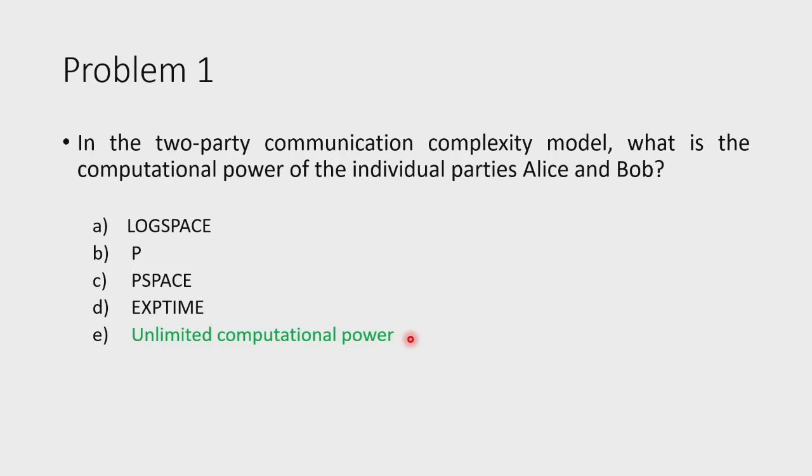For example, the communication complexity of the halting problem is just constant, because if Alice has infinite computational power, she can accept the halting language. We are not worried about the computational power of individual parties.